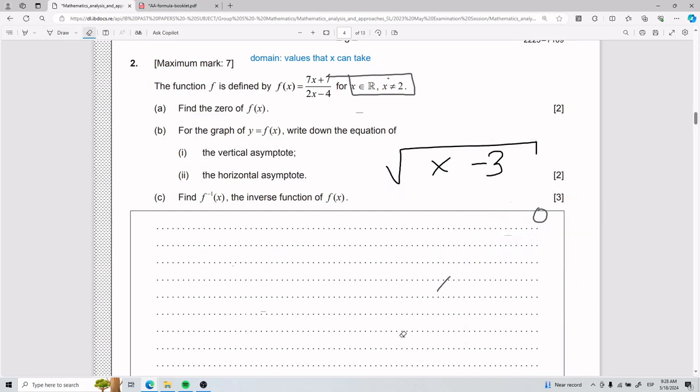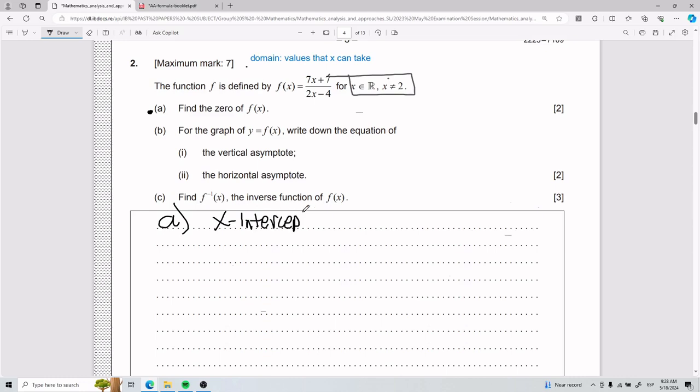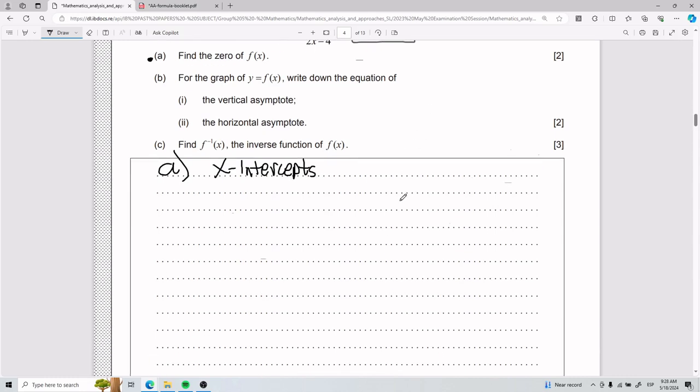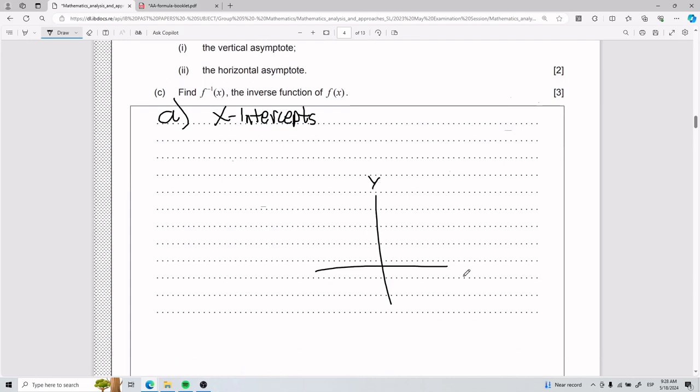Enough blah blah. For part A, we need to find the 0 of f of x. And for finding the 0 of f of x, basically, when they ask for zeros, they are asking for the x-intercepts. And whenever you need to find x-intercepts, notice, here you have a y, here you have an x.